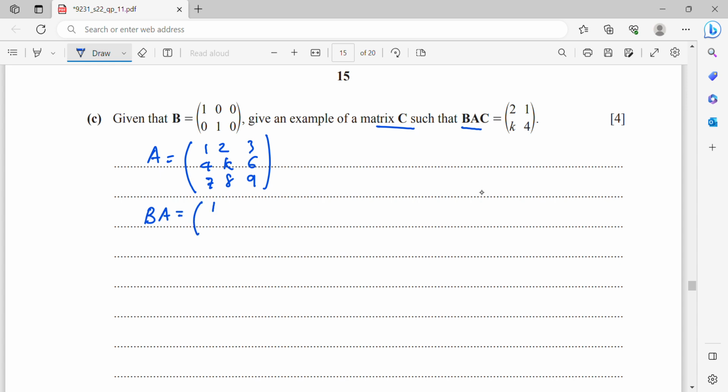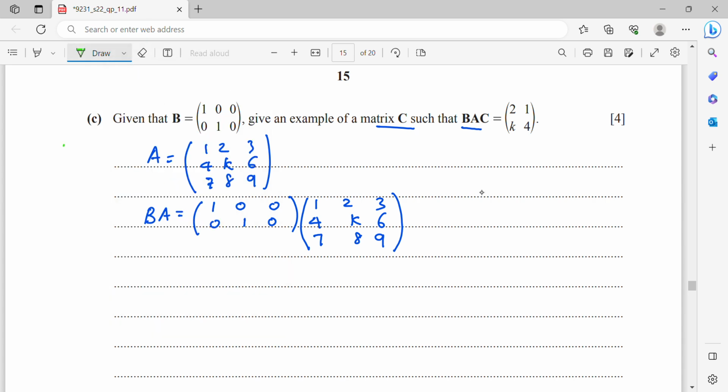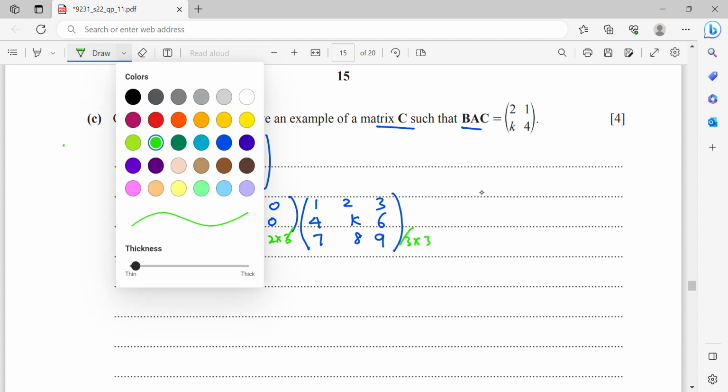BA will be B, 1, 0, 0, 0, 1, 0, multiplied with A. B is a matrix with dimension 2 by 3, 2 rows and 3 columns. Then my A is 3 by 3. So the multiplication should be 2 by 3.